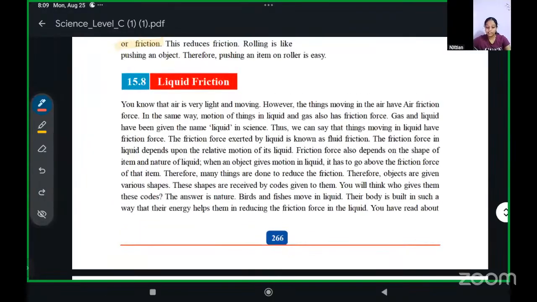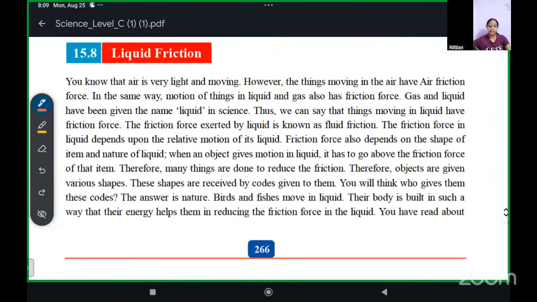Now, fluid friction. You know that air is very light and moving. However, things that move in the air have air friction force. In the same way, motion of things in liquid and gas also has friction force. Gas and liquid both come under fluids.